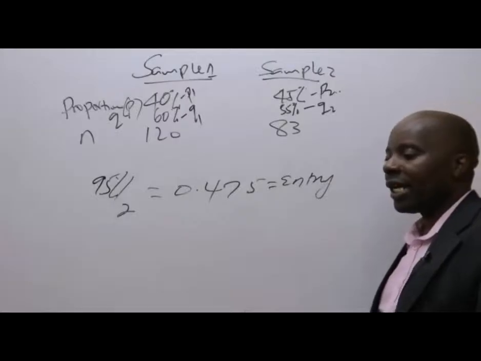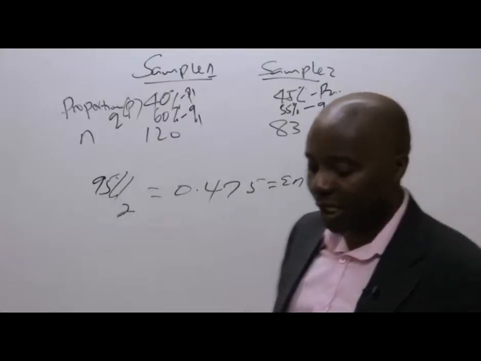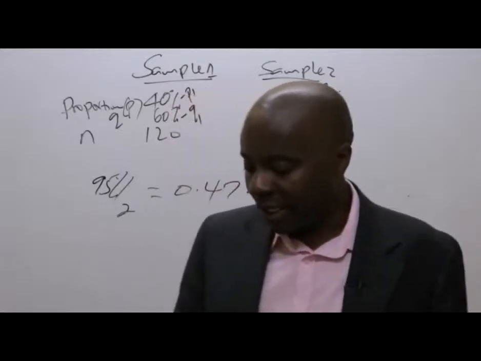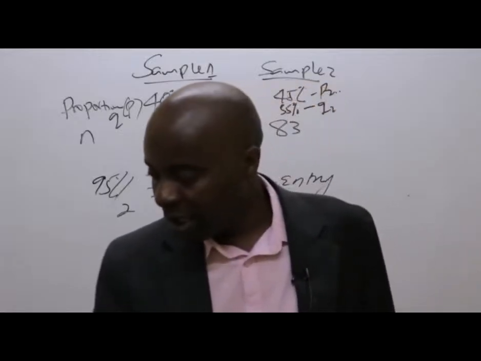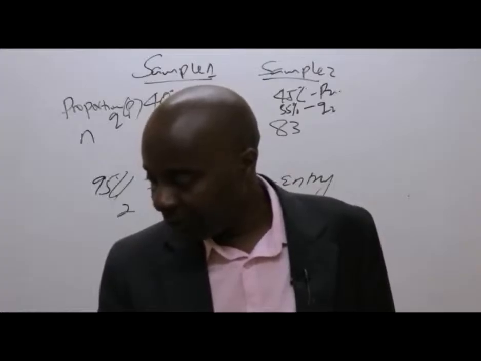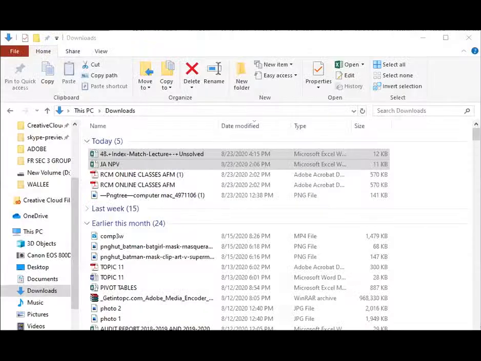Get inside the Z table. When you are inside there, you should be able to read this 0.475.